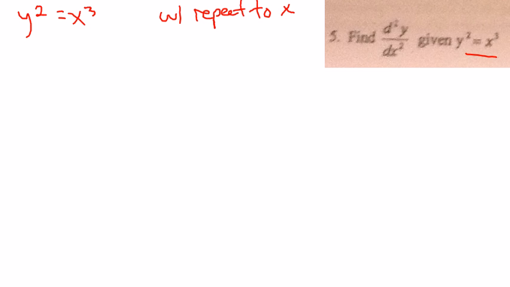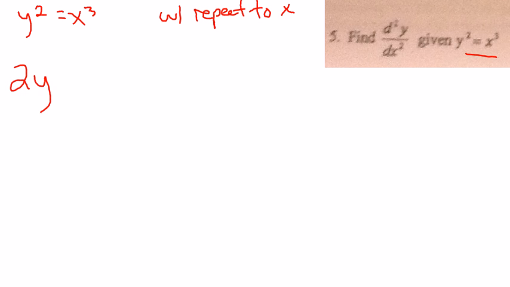So that means that I just do normal rules on the x's, and I have to do these weird rules on the y's. But I still have to follow the power rules. So the derivative of the left-hand side, if I do power rule on y squared, I get 2y.